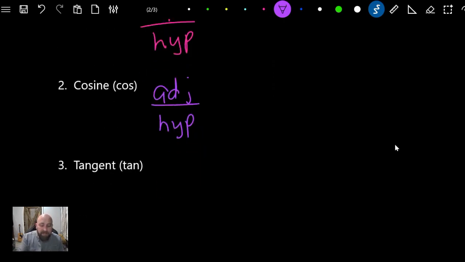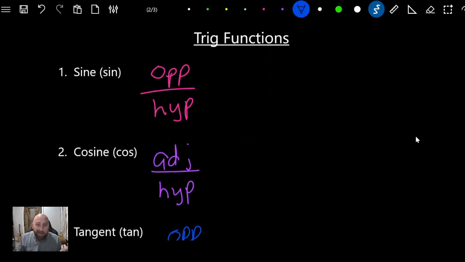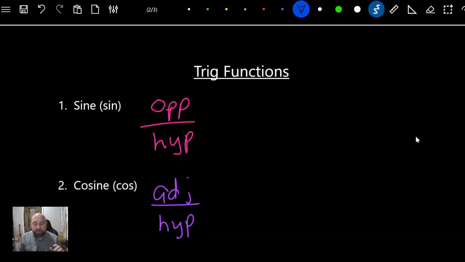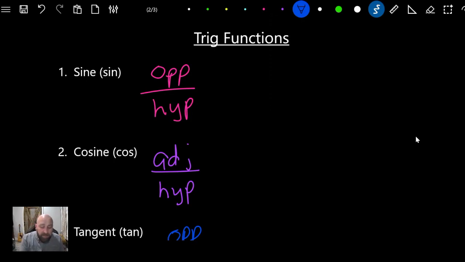And for tangent, it's going to be the opposite over the adjacent. Okay? Now, what does that mean? Right now you're like, huh? What? All right. We're going to come back, we're going to reference each one of these. We're going to keep coming back to it.